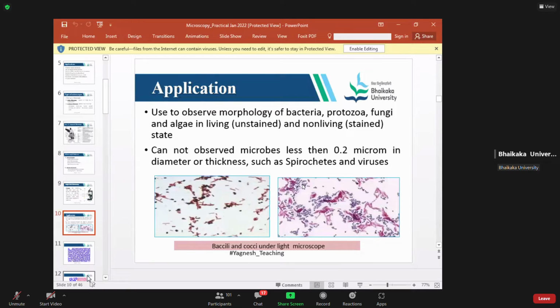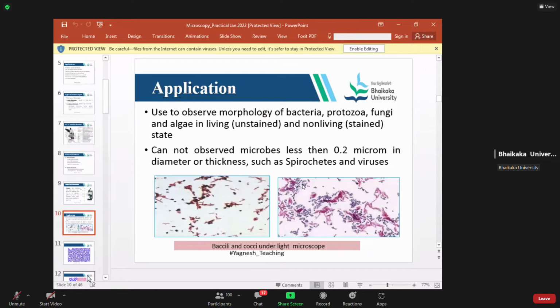Metazoal parasites have various forms, say egg form or cyst form, while adult forms are seen by unaided eyes, because the size of the adult form for some is in millimeters to meters. But the various other forms of the parasite are not seen by the unaided eye, so for them we require microscopes.